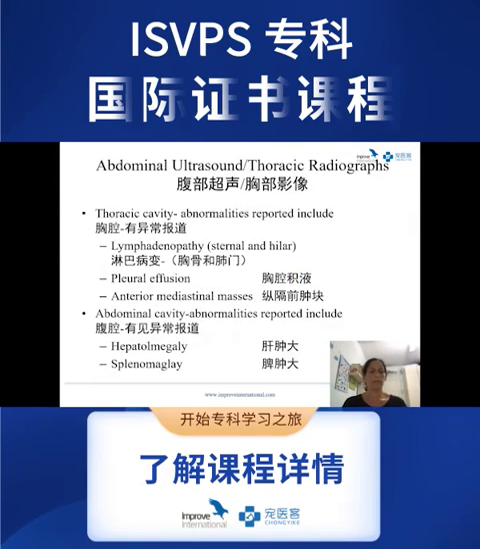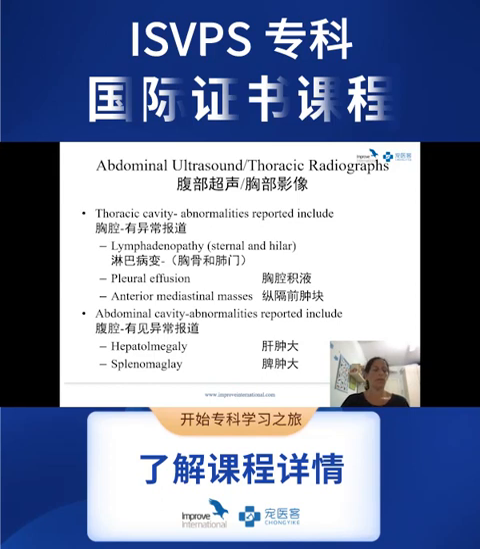Additional tests that are done in cases with complete staging include abdominal ultrasound and thoracic radiographs. In the thoracic cavity, we might see lymphadenopathy, sternal and hilar, pleural effusion, or anterior mediastinal masses. In the abdominal cavity, we can see splenomegaly or hepatomegaly.